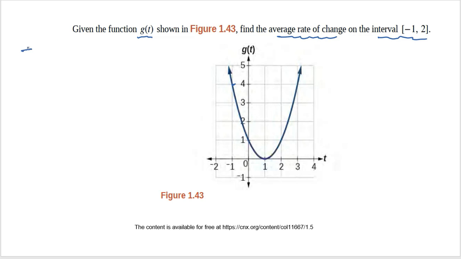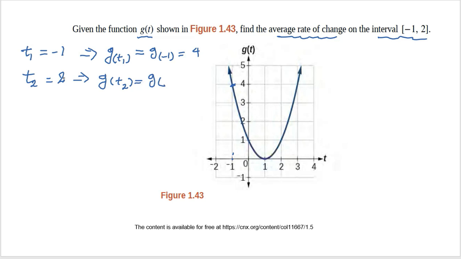So t1 is -1, t2 is 2. t1 is -1 right here, g of t1 is equal to, we can write g of -1 is equal to 4, and g of t2, which is g of 2, is equal to 1.